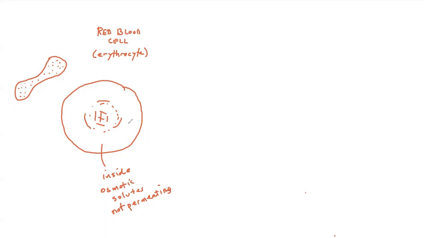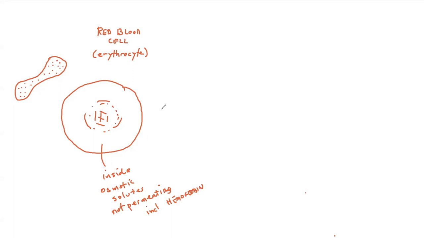One of these important solutes is hemoglobin, a really important protein for most of you, especially those who are going to follow through with a nursing career or a career in a health-related field, right?